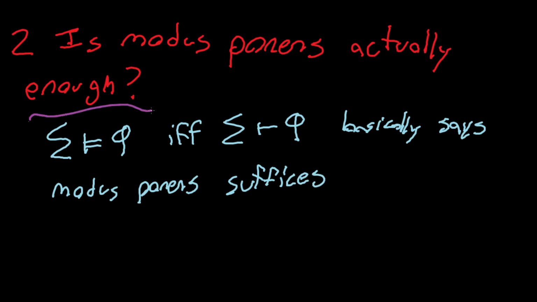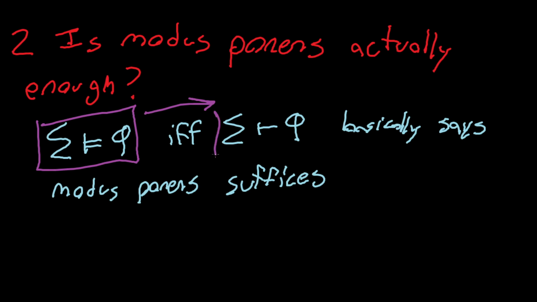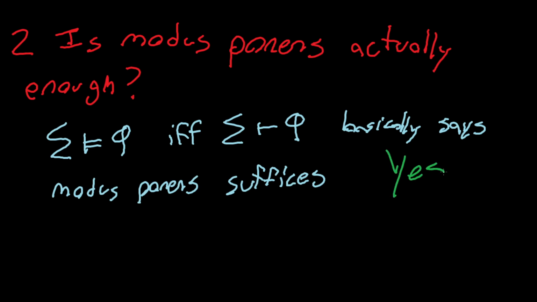Because, and it's not the if and only if, it's this direction of it, if all of the statements that are true in all models can be proven using modus ponens, this is strong enough, right? I've proven every statement is the idea. So the answer to the question, is modus ponens actually enough, is yes.